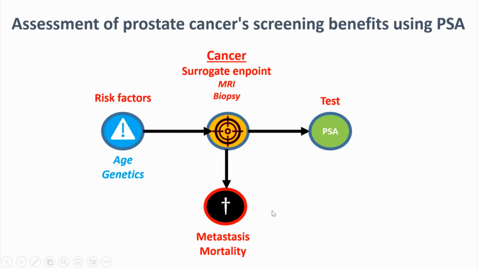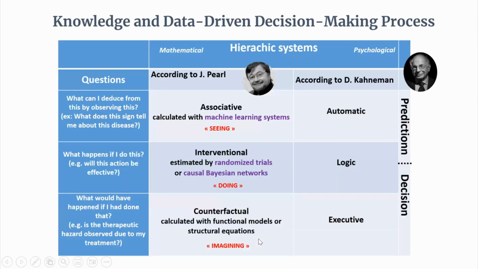You need to evaluate the outcome of the disease, and mortality of the disease. This type of assessment could also be described in this table according to the Pearl approach.